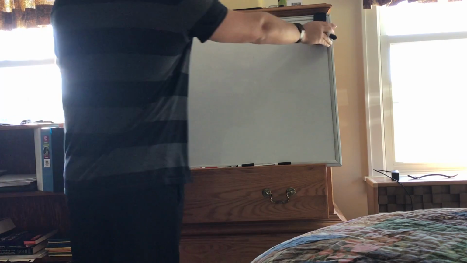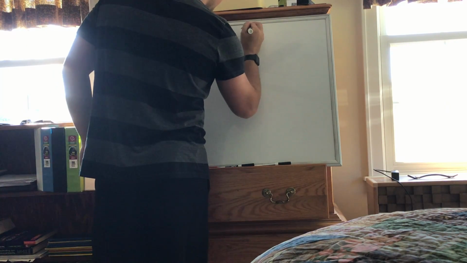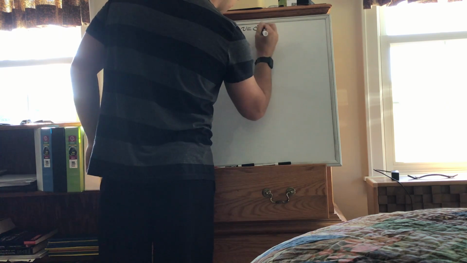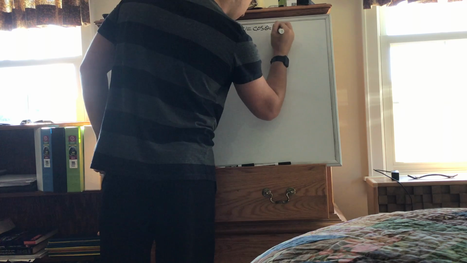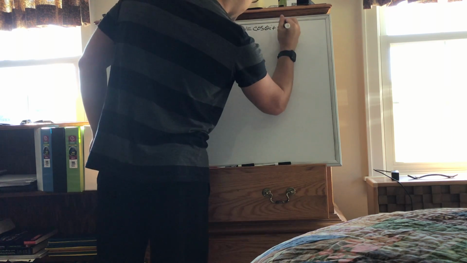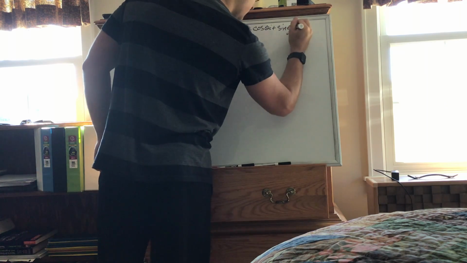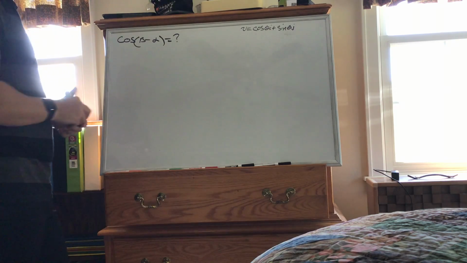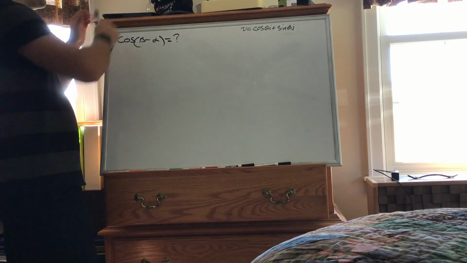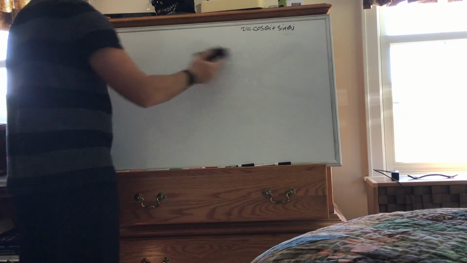So there's one thing that we're given: v equals cosine theta i plus sine theta j, which is one of the vectors. In order to display how we're going to find this, we should make a graph.